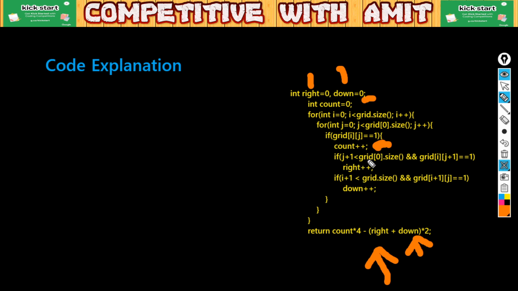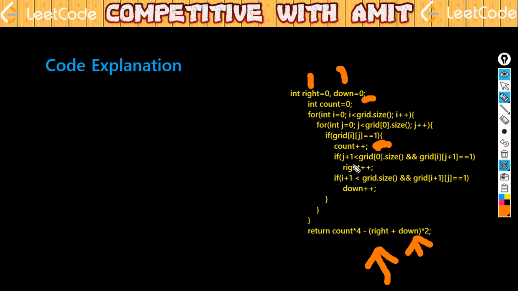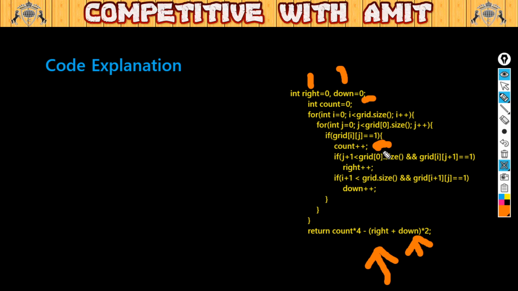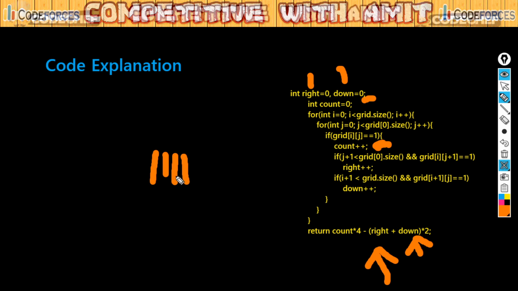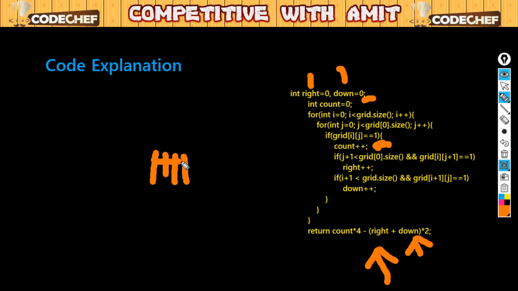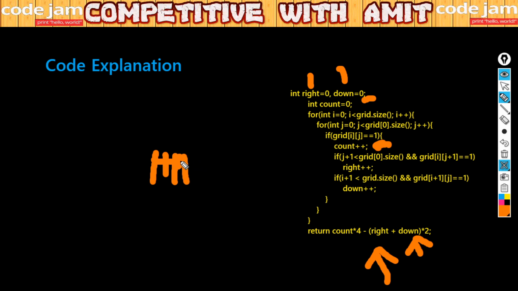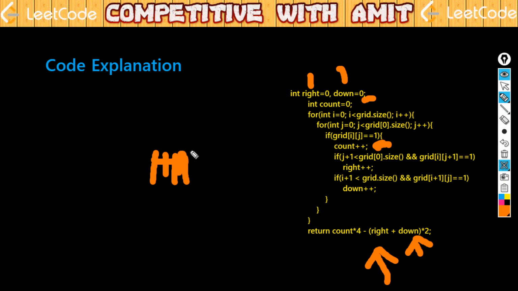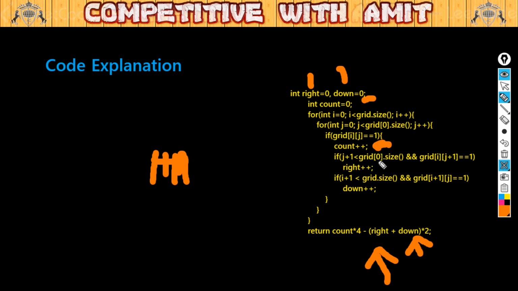So in this case j plus 1 should be less than the size of this. Now what this is checking is that if we have 4 columns in our table, then j can't be greater than 3. That's why this condition is checked, so that j should not exceed this.